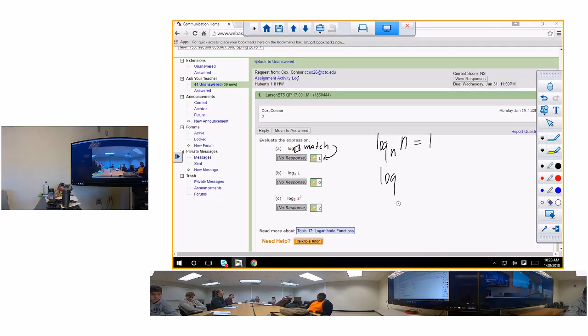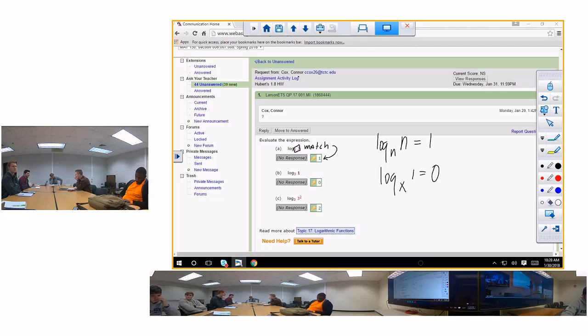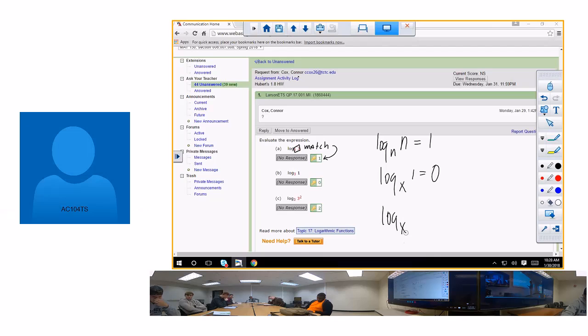Log base x of 1 will always be what? 0. Log base x of x to the n power will always be n. So those are the 3 properties right there that you should remember.